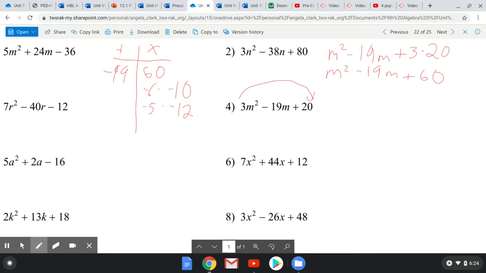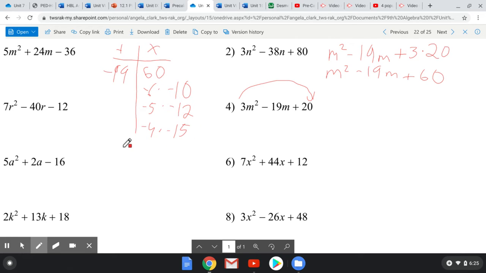So let's try negative 4 times negative 15. Oh, there we go. That's negative 19. Okay. So would you agree? Negative 4 times negative 15 is positive 60, and negative 4 plus negative 15 is negative 19. So this is the set that we're using.